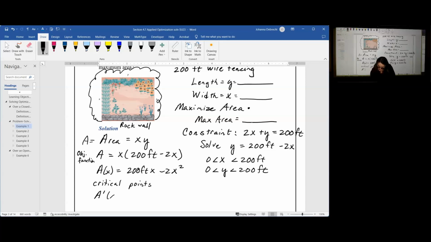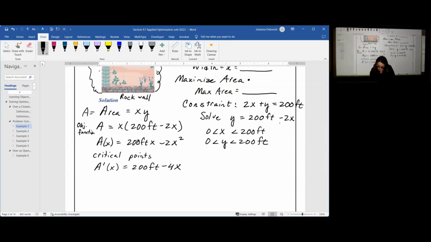Now let's look at critical points. The derivative of A with respect to x is 200 feet minus 4x. To find the critical values, we set this equal to 0, or we look for where it does not exist but the function does. However, in this case, there are no places where it does not exist because the derivative is a polynomial.